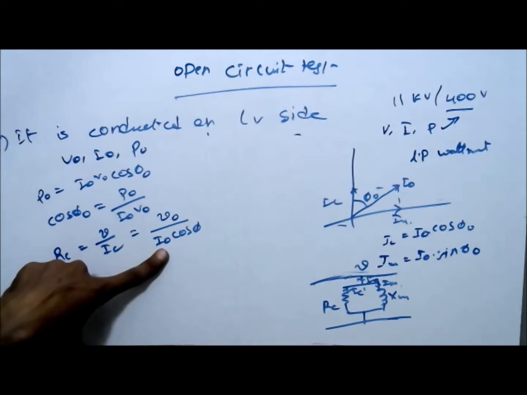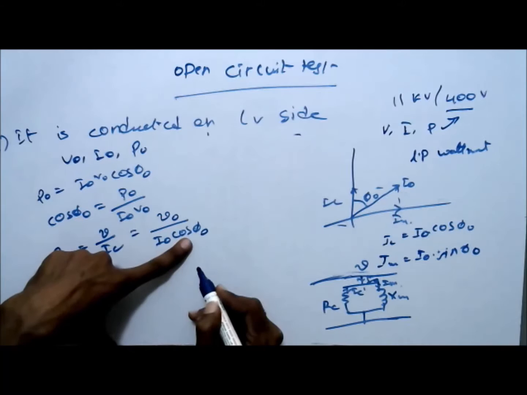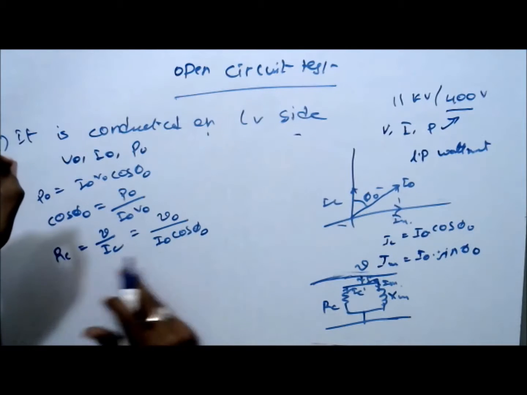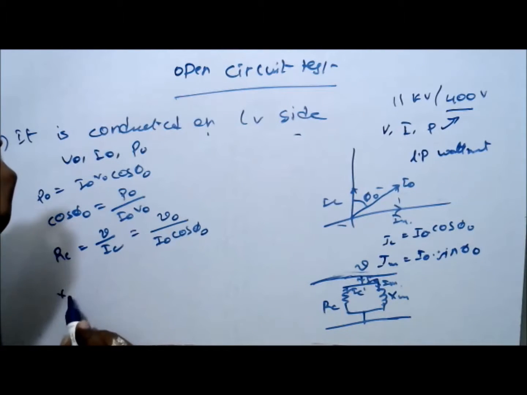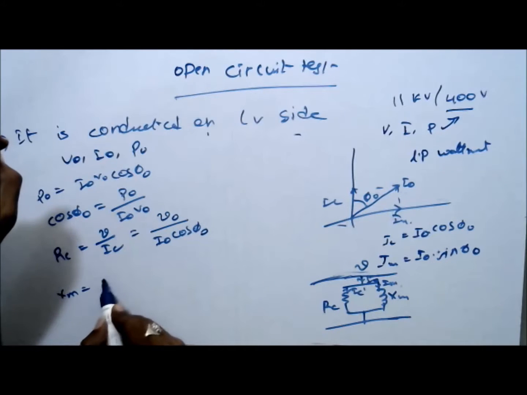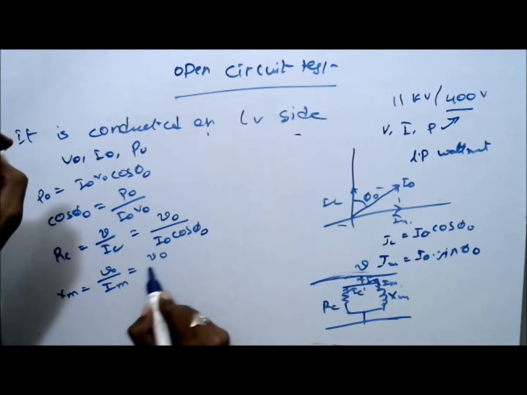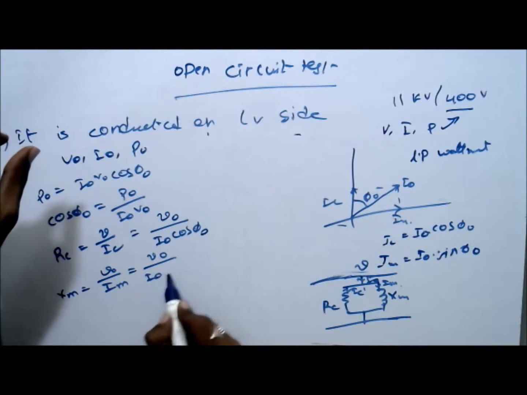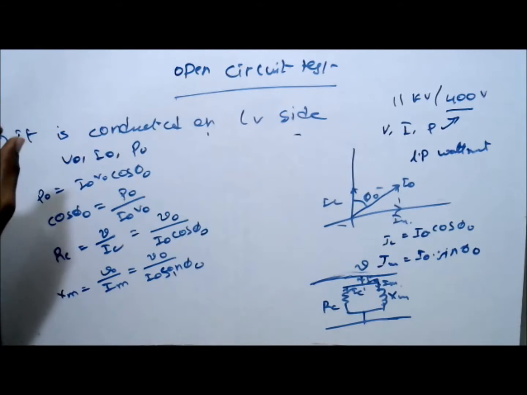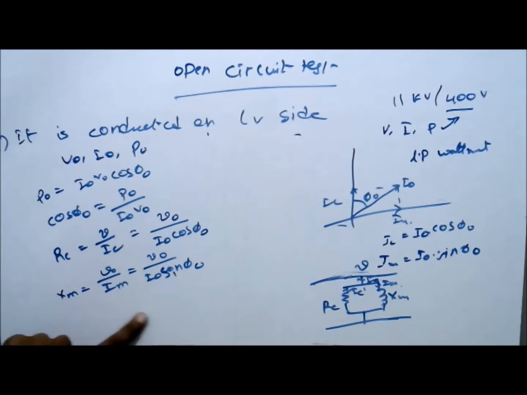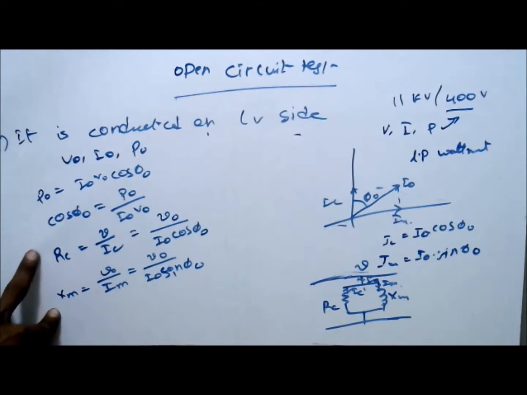We know I naught, cos phi naught and V naught, so we will get the value of RC. Similarly, XM is equal to V naught divided by IM, that is equal to V naught divided by I naught sin phi naught. We got the values of RC and XM, the shunt branch parameters.